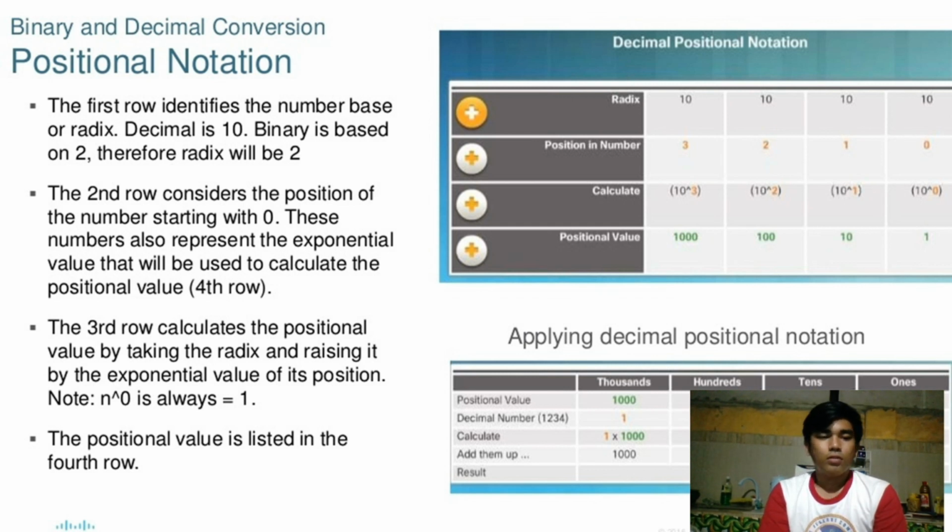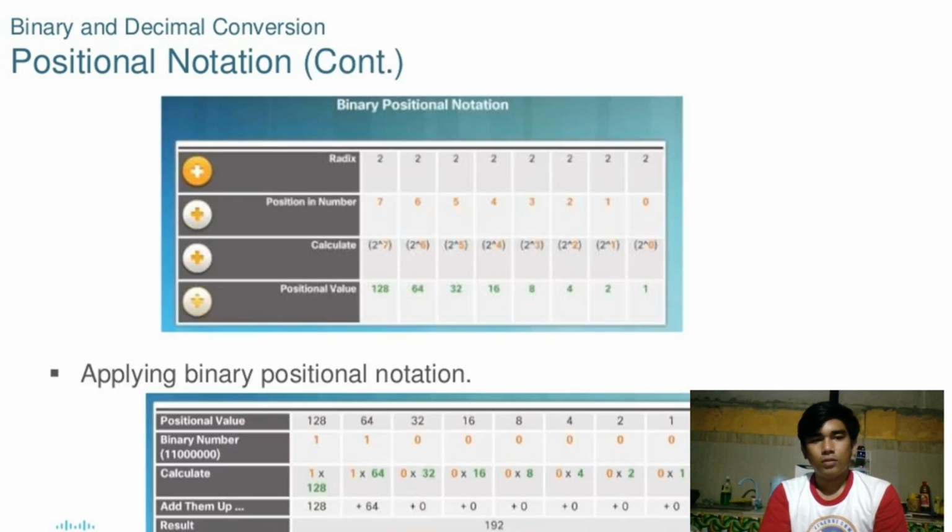The third row calculates the positional value by taking the radix and raising it by the exponential value of its position. Note that 2 to the power of 0 is always equal to 1. The positional value is listed in the fourth row. So there are two pictures of positional notation.